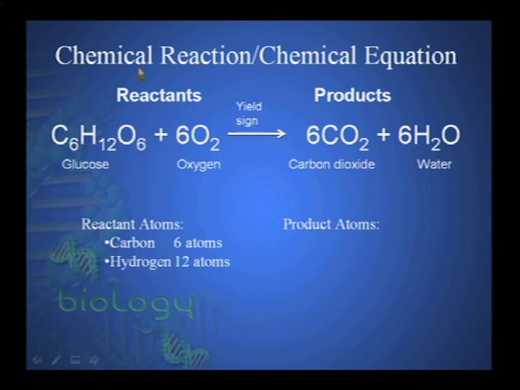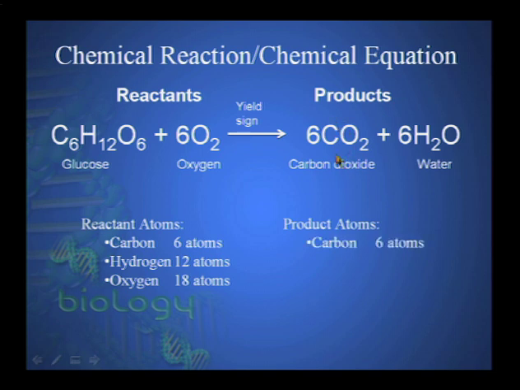There's a total of 12 hydrogens. So 12 hydrogens. And then oxygen, there are 18. So we actually have 2 times 6 is 12, plus the 6 in the glucose is a total of 18 oxygens. Now, if this is written properly, I should have the same elements and the same number of each on the other side.